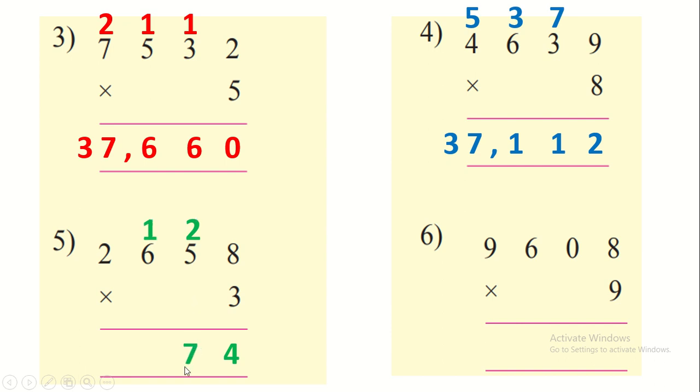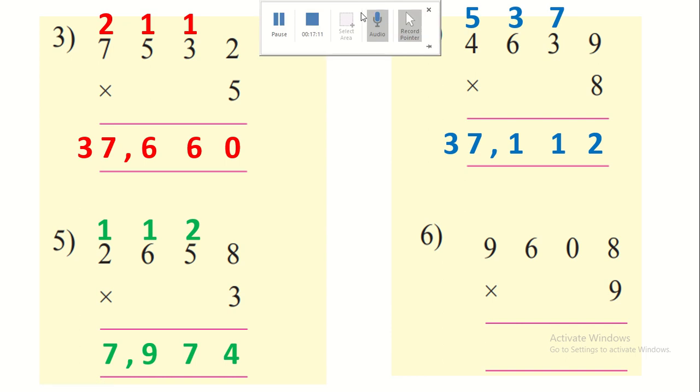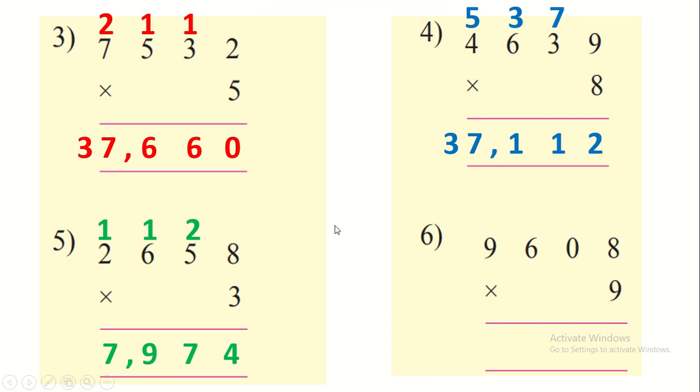Write 7. Then carry 1. Next is 3 times 6, which is 18, plus 1 is 19. Write 9. And then carry 1. The next number is 3 times 2 is 6, plus 1 is 7. Now your answer is 7,974. Correct, students?